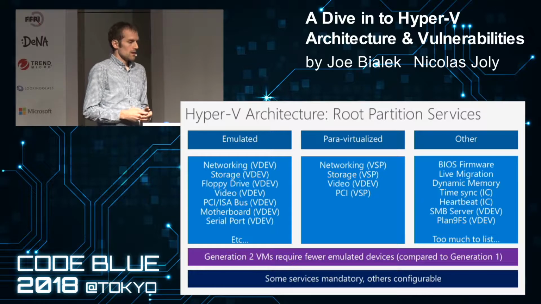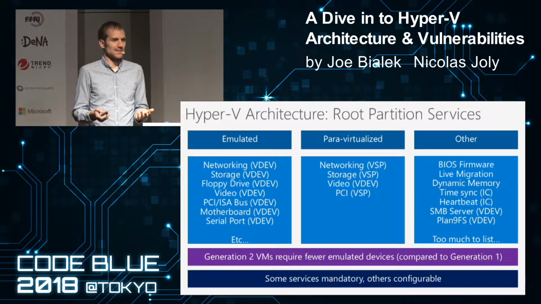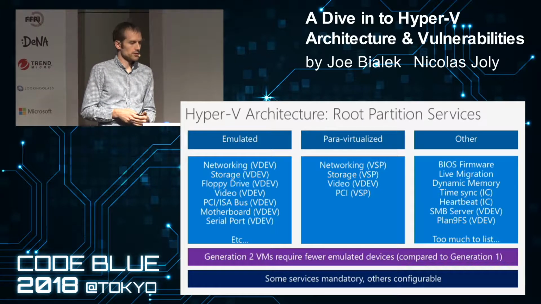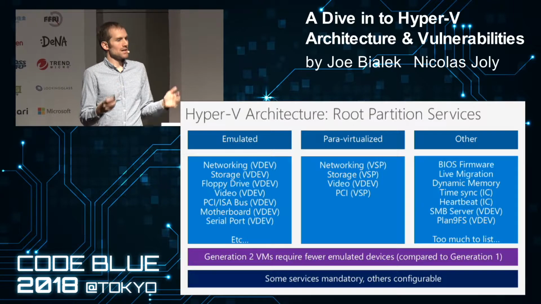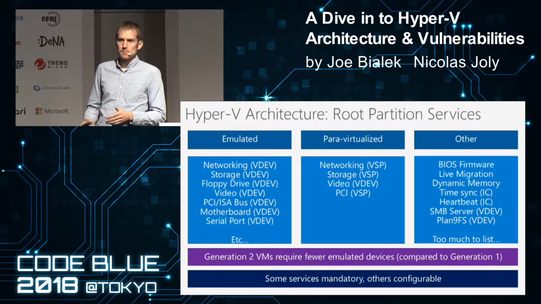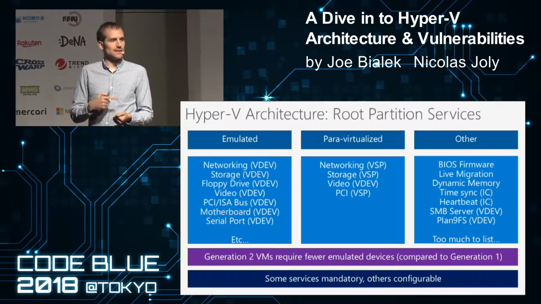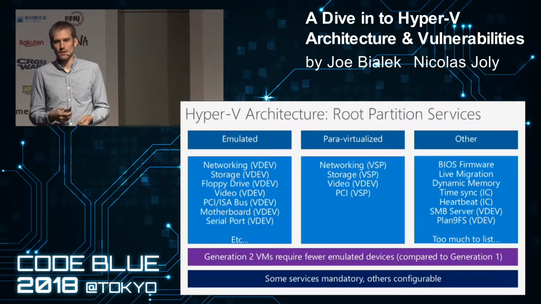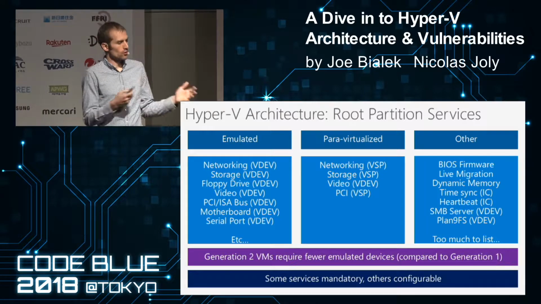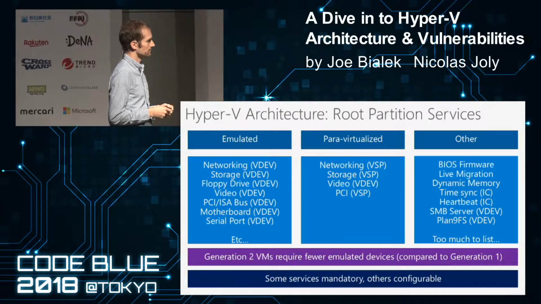However, emulation is super slow, and so for certain things like networking and storage, we have paravirtualized devices, which are much higher speed devices, but they require guest participation. So the guest needs to know that it's a Hyper-V virtual machine, and it needs to know how to talk to the root partition over a much more performant communication channel.